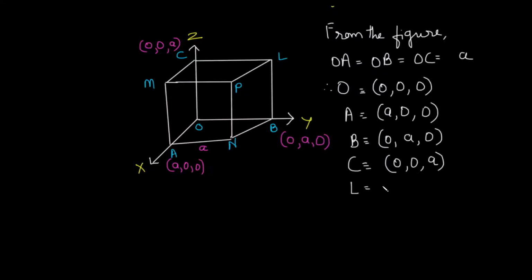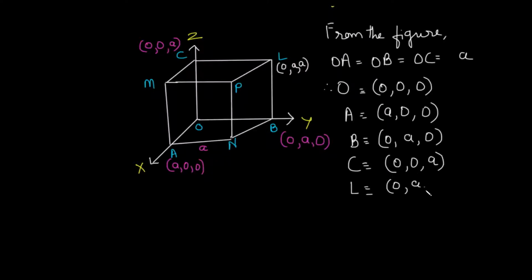Now, look at L. The vertex L lies along the YZ plane. Therefore, the coordinates of L become: the x coordinate is 0, and the y coordinate and the z coordinate are A and A. So thus it becomes easy to find all the coordinates of all the points.